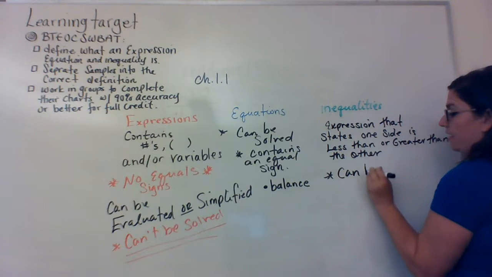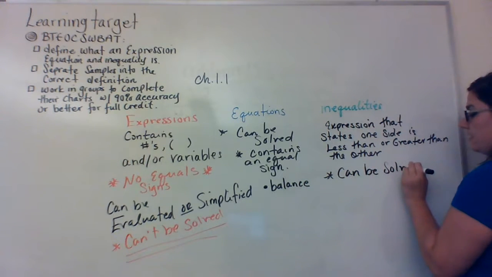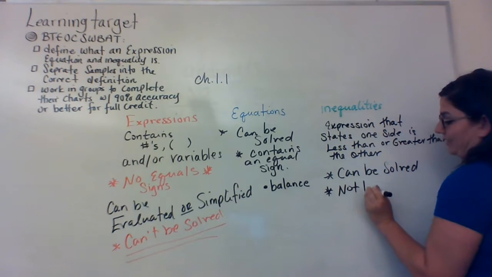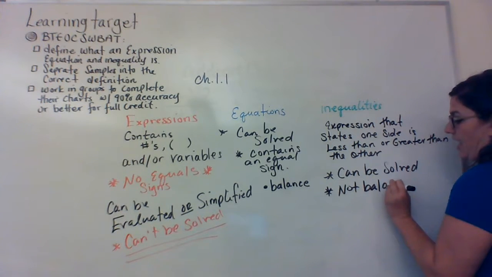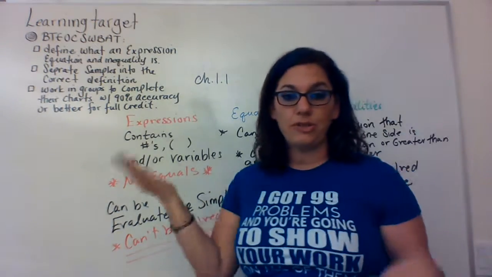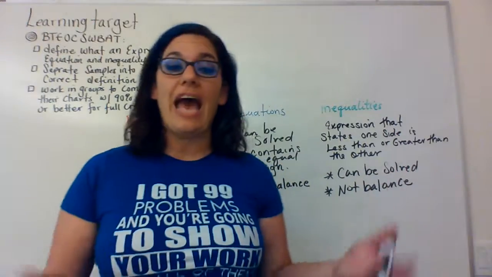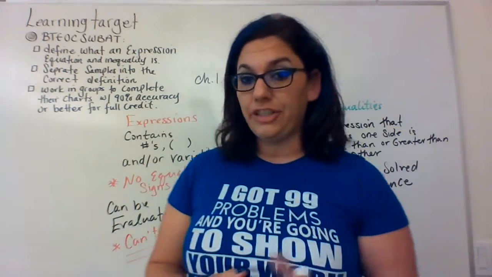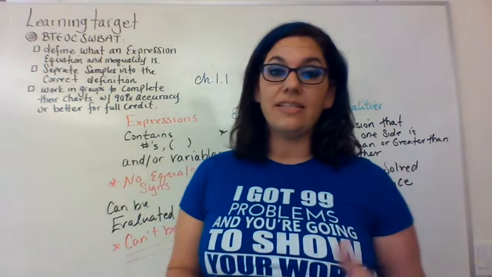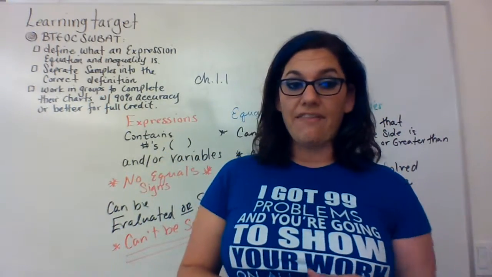It can be solved. However, it's not balanced, okay? This does not say that both sides have to be the same number. So I don't have to end up with 2 equals 2. I could, but I don't have to. I definitely could say that 2 is less than 1. This works. That would make this an okay situation to have happen.